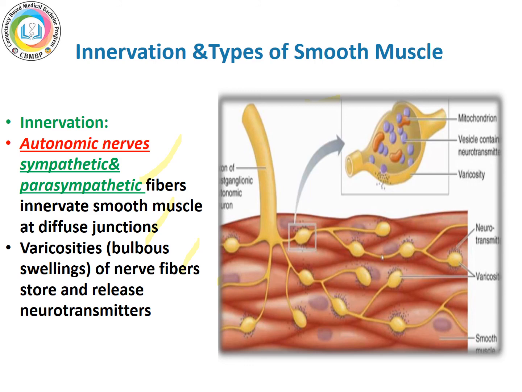They innervate smooth muscle at diffuse junctions, meaning diffuse, spread out. The fibers have several varicosities, bulbs or swellings of the nerve fibers, that store and release neurotransmitters.